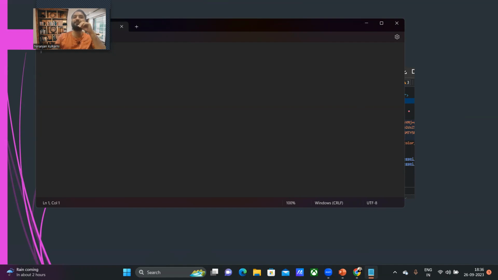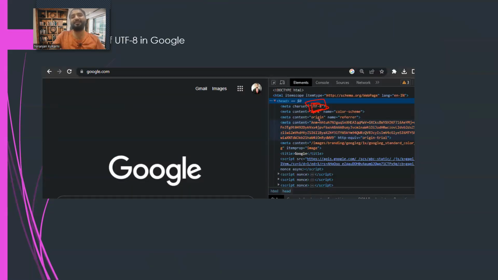You can see it everywhere. If I just make a new HTML doc file, you can see what the UTF encoding is and everything over here in the HTML. HTML5 and all these things you can see in their documents, pre-built.